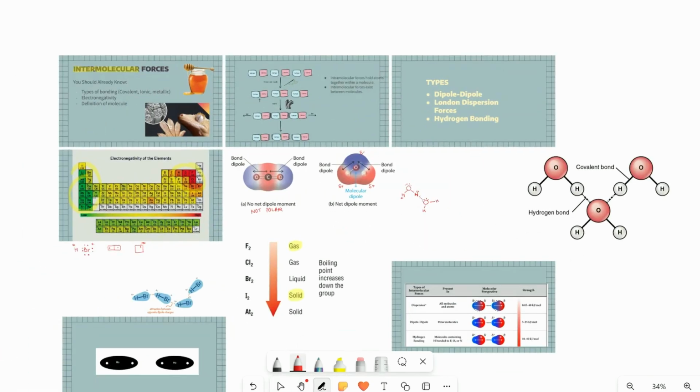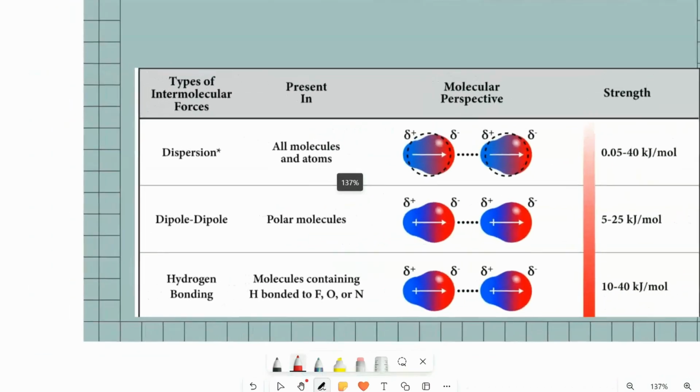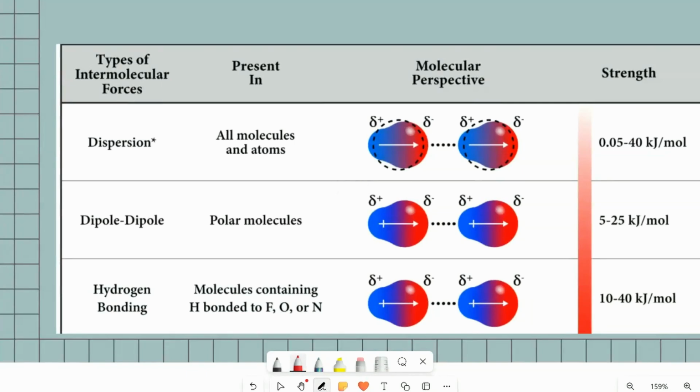All right, should we do a recap of all these three? Yeah, we should. Quick recap here. You have dispersion forces, dipole-dipole, and hydrogen bonding. This is in order of strength. So dispersion is the weakest, dipole-dipole is second strongest. Note as well, hydrogen bonding doesn't have to be in water.